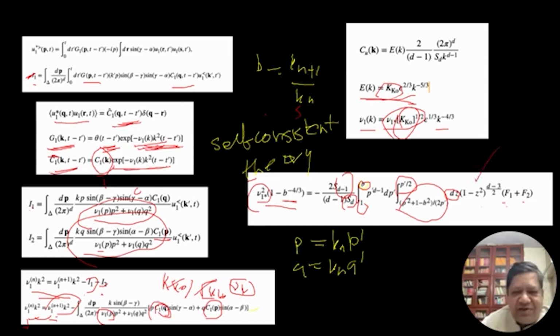In my paper, f1 and f2 are given for any dimension, so these equations are written for any dimension, and we can get nu1 star by solving this equation. I solve this integral and get nu1 star. The integral is solved in Python using Gauss quadrature.